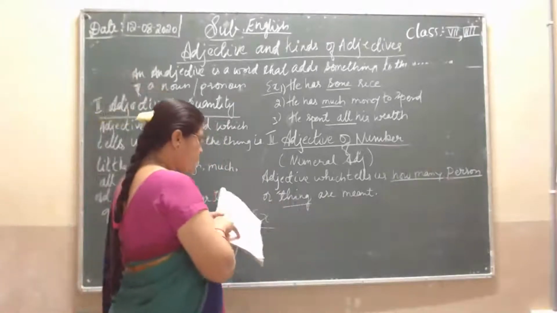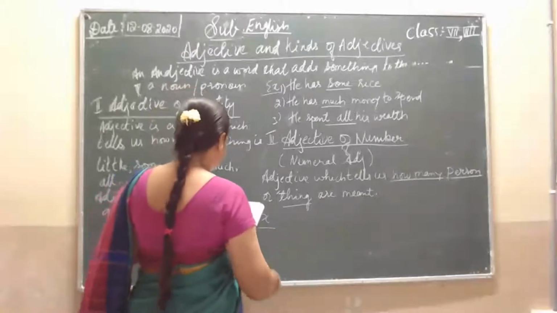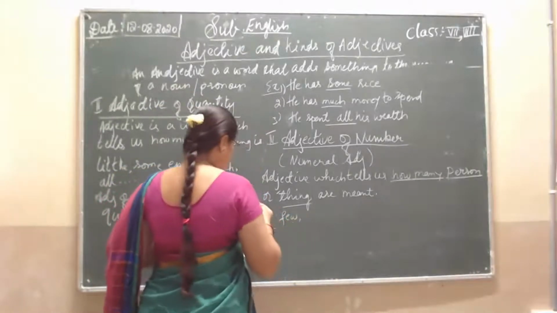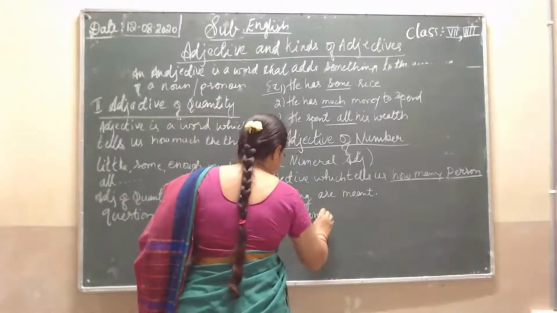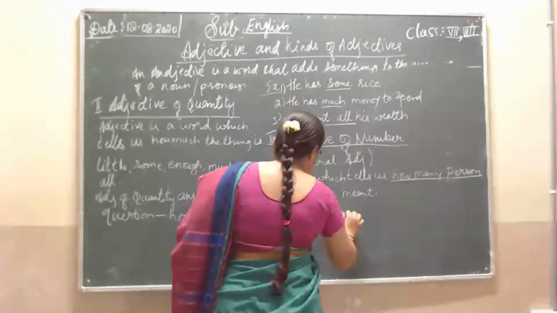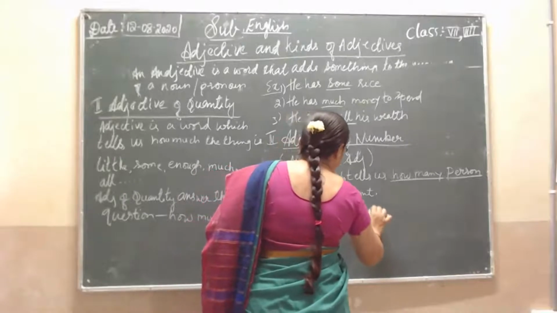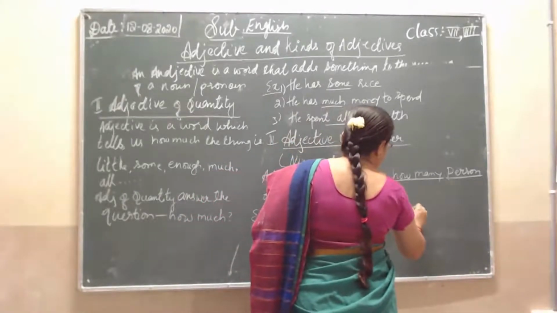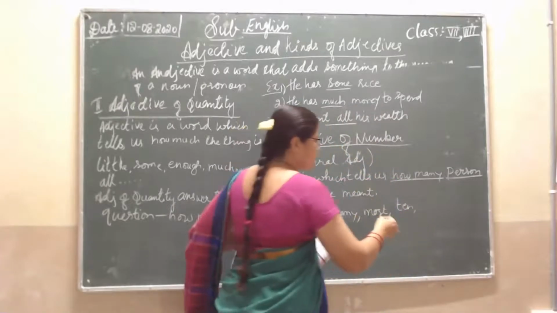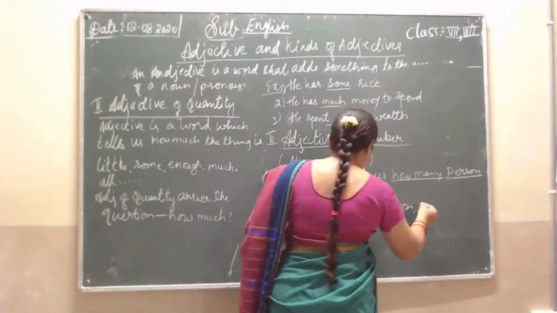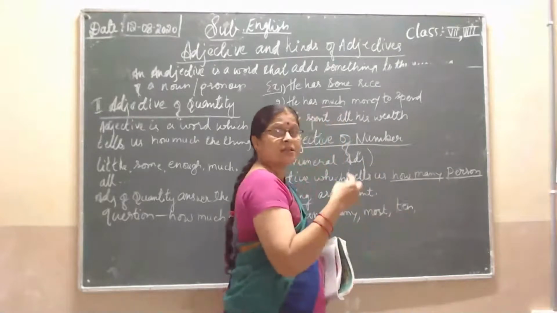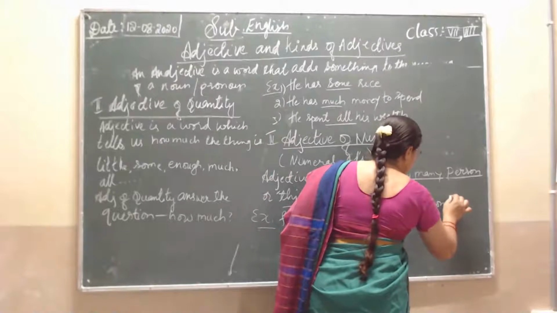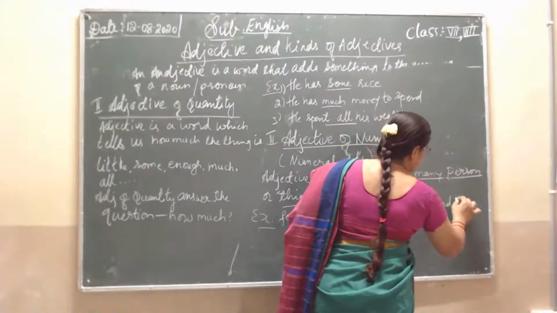Very few examples I'll be giving you now. Few, any, many, most, then number, exactly not 10, but any number you can take: 1, 2, 3, 15, 100, 20. Then first, second, third, fourth. In that way also you can take the number second or third.